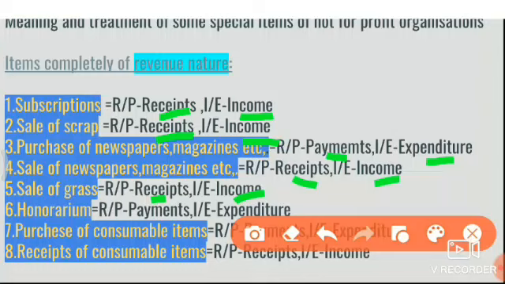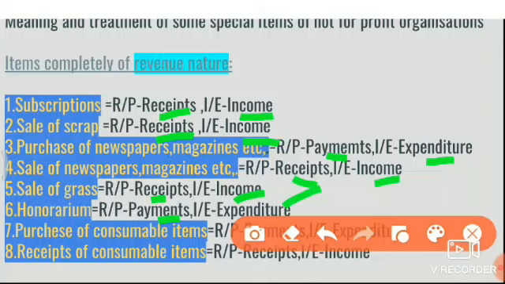It is not salary, but honorarium. It is a lump sum amount which is paid by the not-for-profit organization. Such items are common to not-for-profit organizations, so it is treated as an expenditure or an expense in the income and expenditure account. And when such payments are made in cash, at the end of the year it is shown on the payment side of the receipts and payments account.